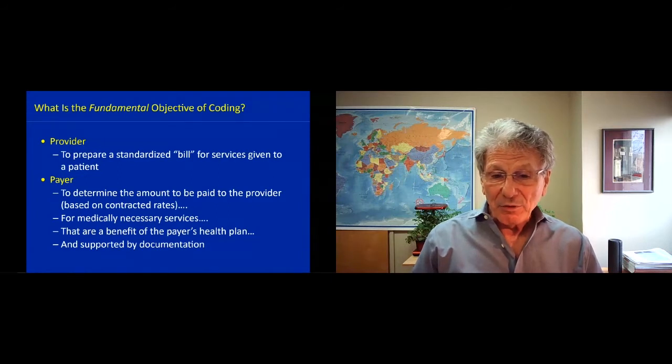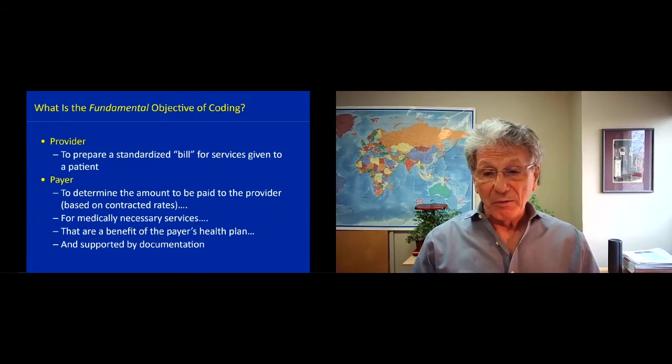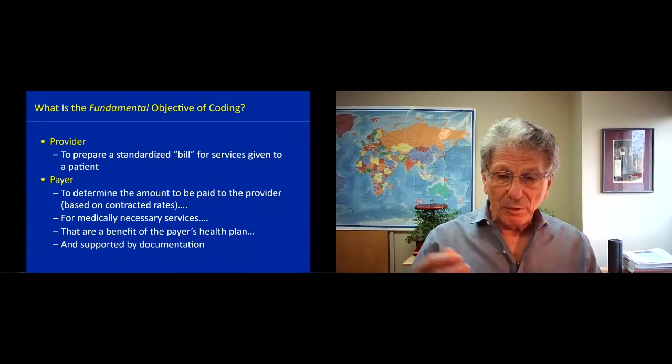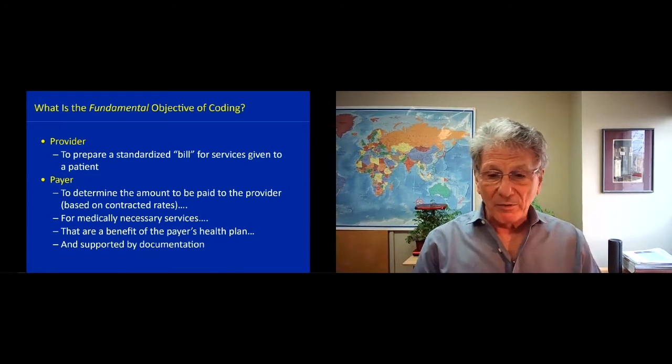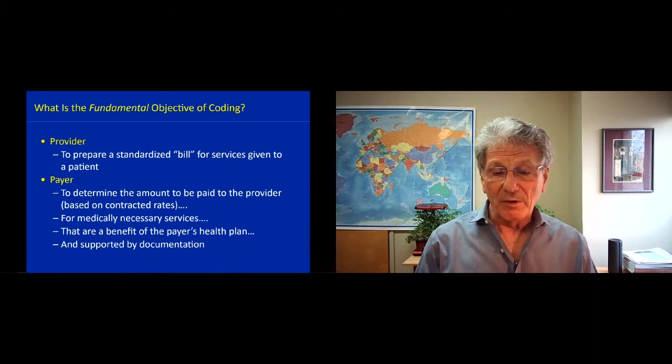Oftentimes you can actually go onto a website and find out how much that particular service will reimburse your practice if you want to know. So, for example, if I'm curious what a colposcopy is reimbursed in the Medicaid program in California, I can go straight to their website, put in a CPT code, and I can tell what the reimbursement rate is. And that's true of most state Medicaid programs.